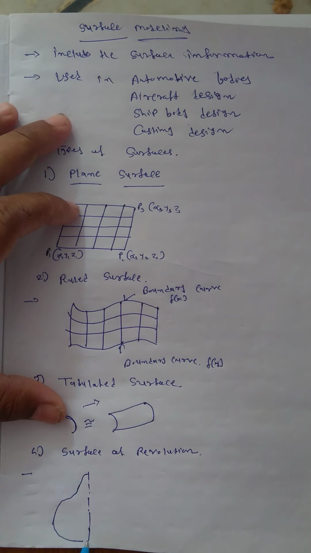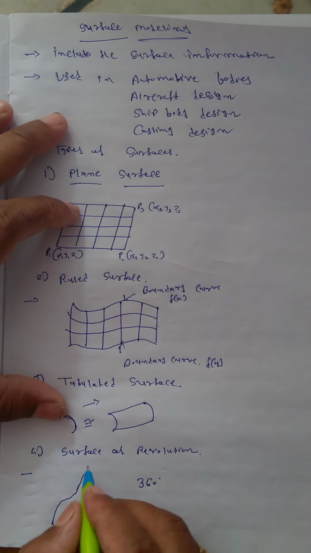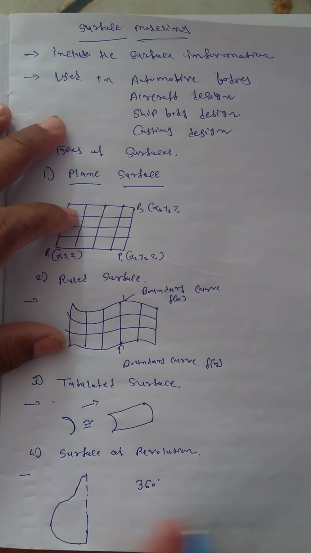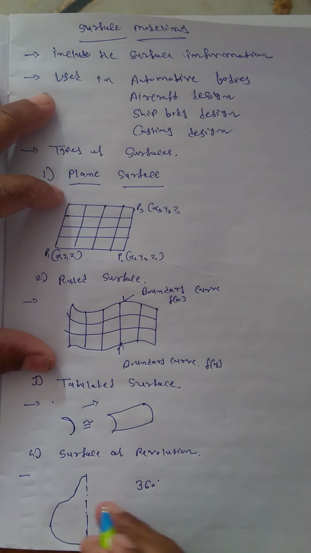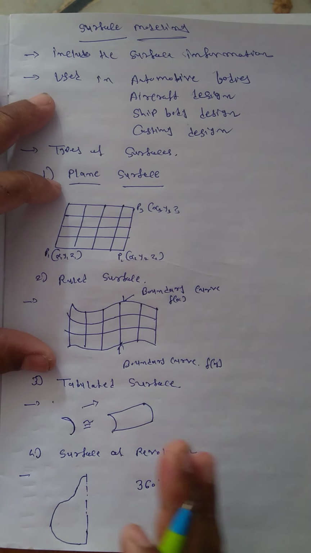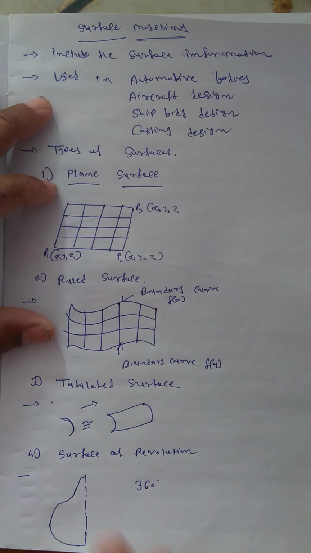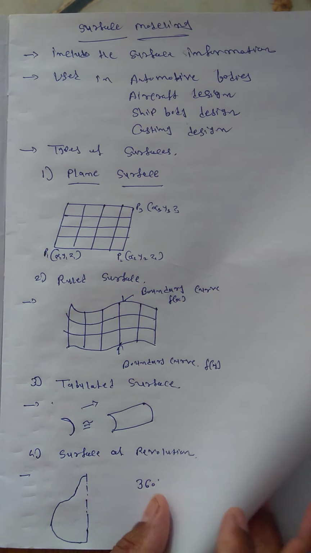This planar curve is moved through 360 degrees about the fixed axis, and the surface is created. It is called the surface of revolution. It is suitable for axisymmetric objects.